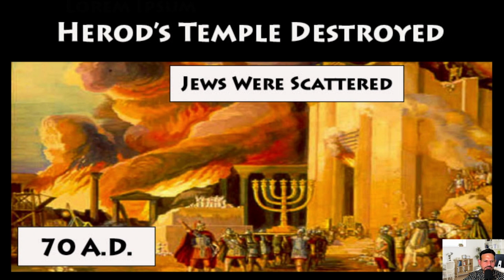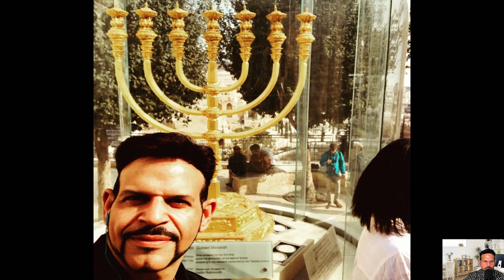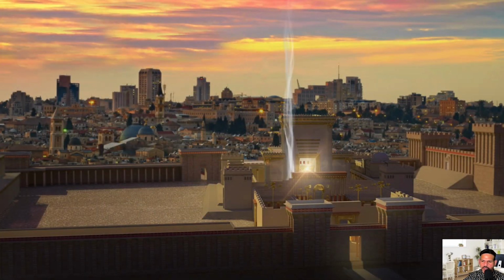So zahav is the word for gold, and we know that the temple had a lot of gold in it. You can see in this picture, there's gold around the temple. This is an artist's rendering of what the temple would look like in Jerusalem presently today.